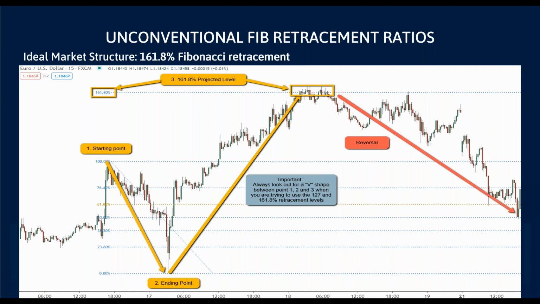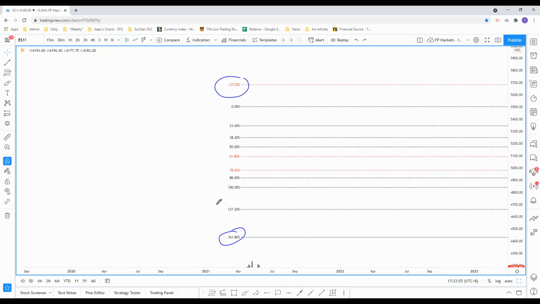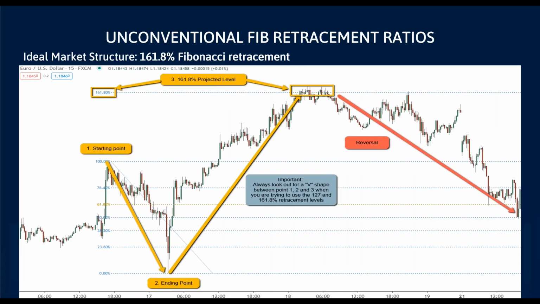There are two positive Fibonacci extension ratios that I look at, let me just change the pen. It is actually the 127.20 and the 161.80. This is what Desmond, my boss, likes to call the Nike tick pattern. The just do it, right?